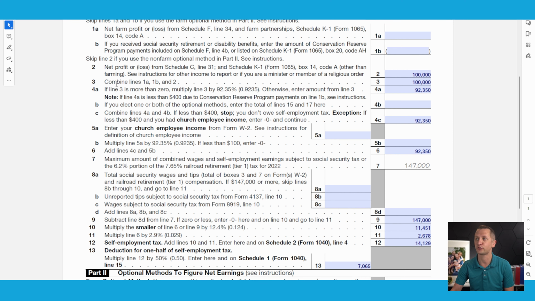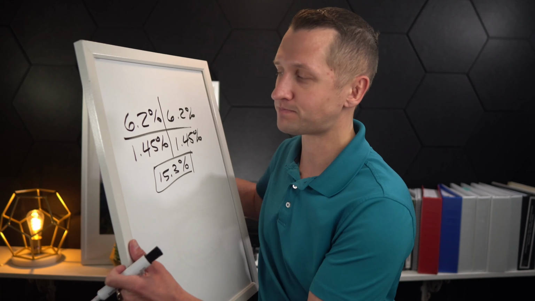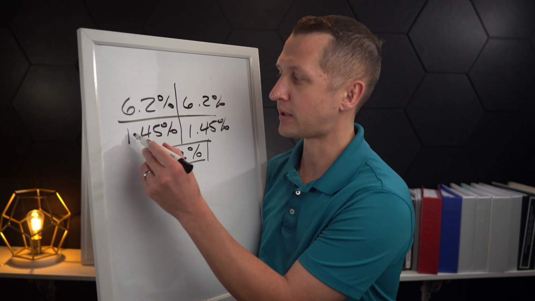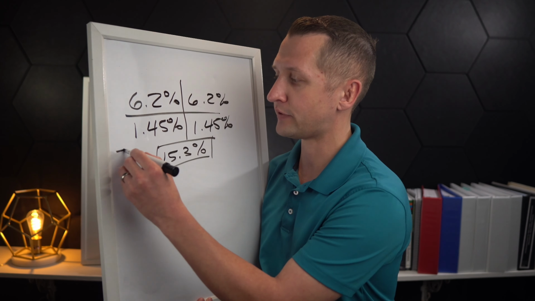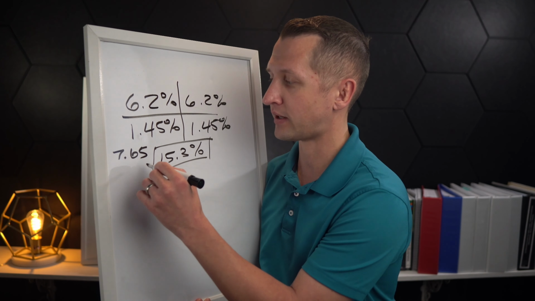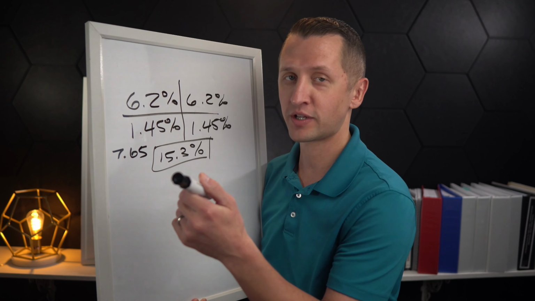Then we're going to jump down to line 4A, and we're going to multiply that $100,000 by 92.35%. So let me show you where they got that number from. So 6.2% plus 1.45% is 7.65%. If we subtract that from 100, that's where we get our 92.35%.